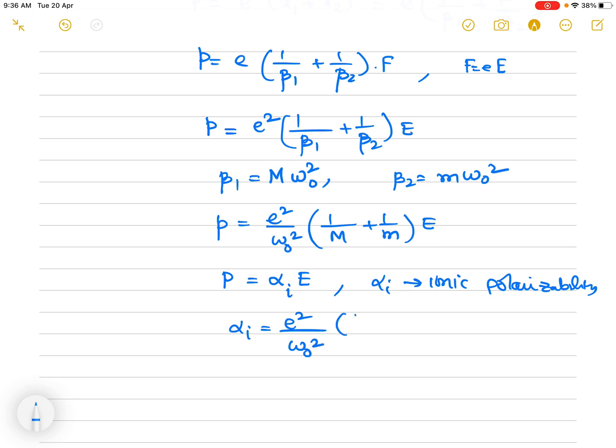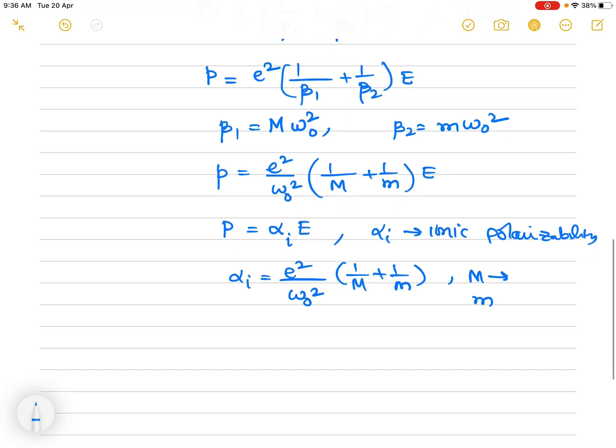The capital M is the mass of the cation and the small m is the mass of the anion, and omega naught is the frequency with which the cations and anions oscillate.